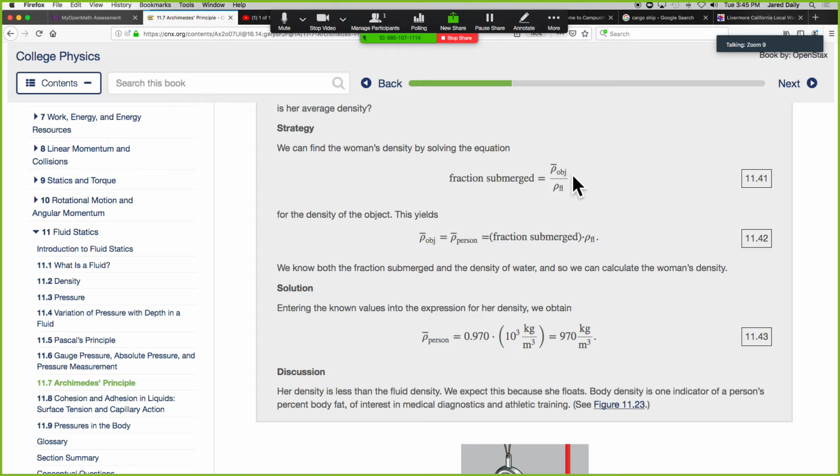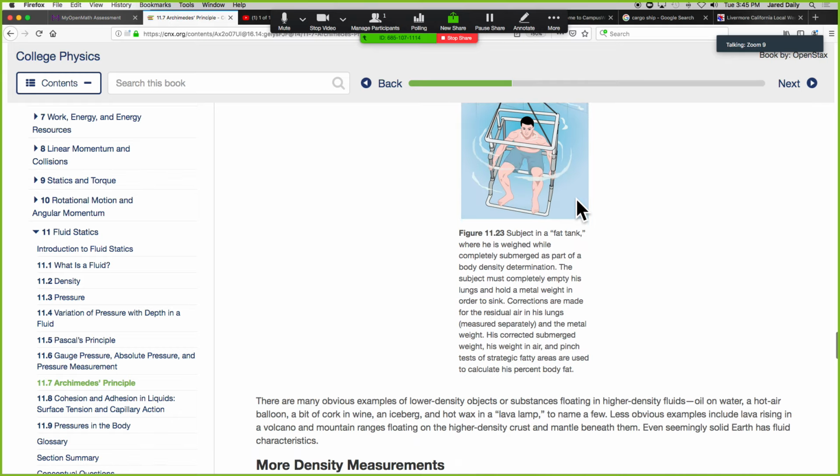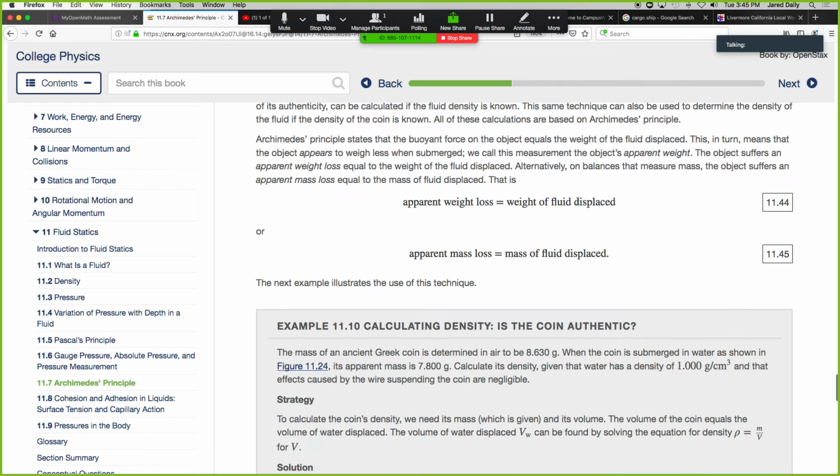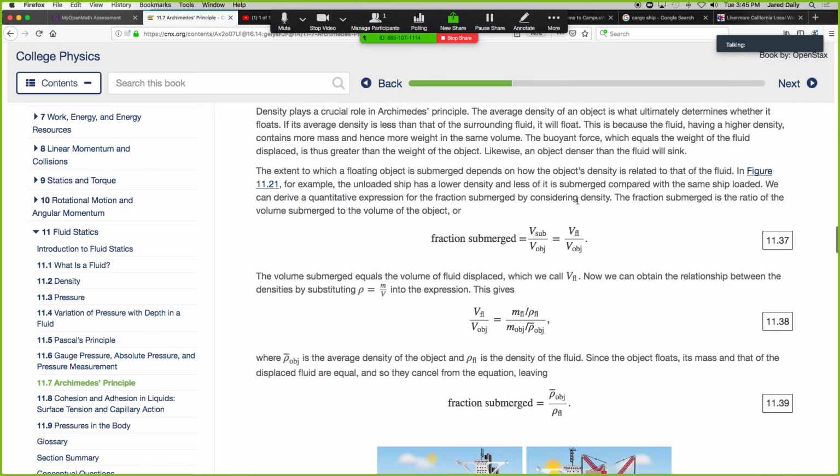But there's also the volume submerged over the volume of the object equation. And then there's also the mass of the object over the mass of the fluid. So essentially, you can use any of these equations.